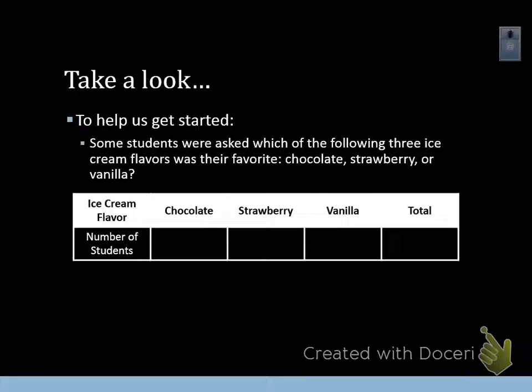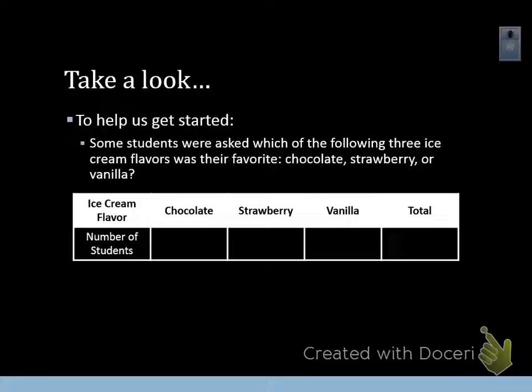Okay, so I'm just going to show you here how we would go about collecting data and going through some things to interpret the data and take a look at that. So if we take a look at this question, some students were asked which of the following three ice cream flavors was their favorite. Either chocolate, strawberry, or vanilla.